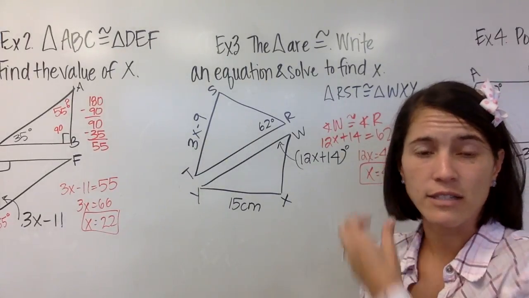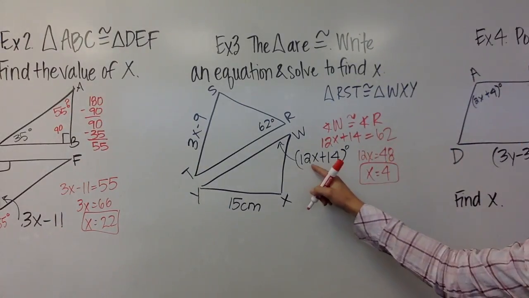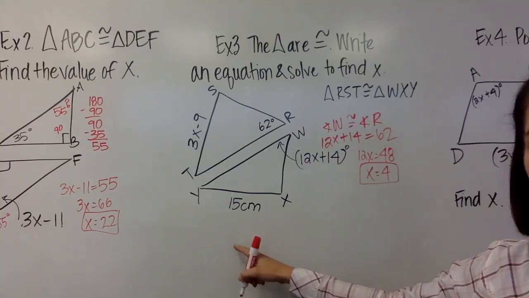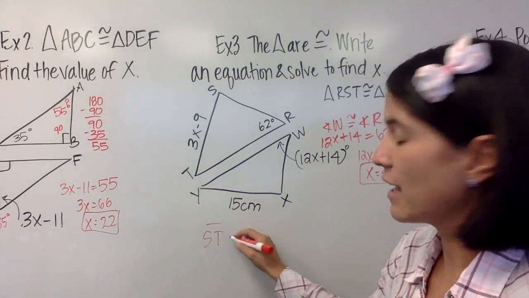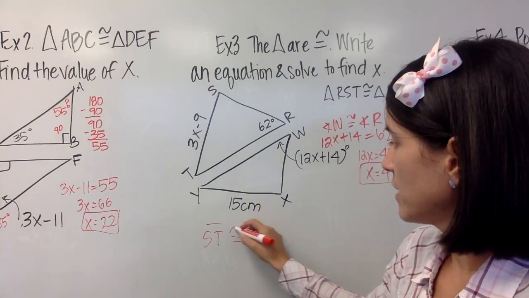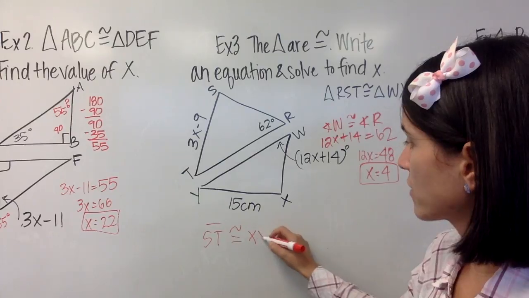Now I don't know if the other x is 4. We'll see. So this one, x is 4. Now let's work on this x, ST. So line segment ST is congruent to line segment XY.